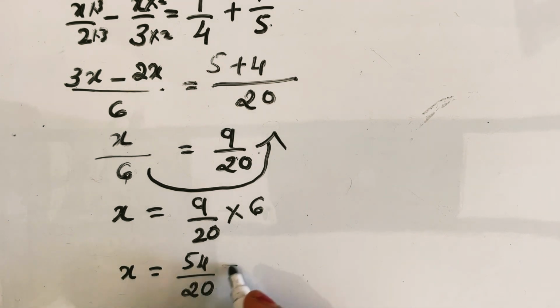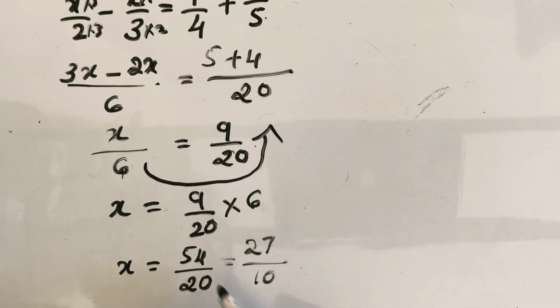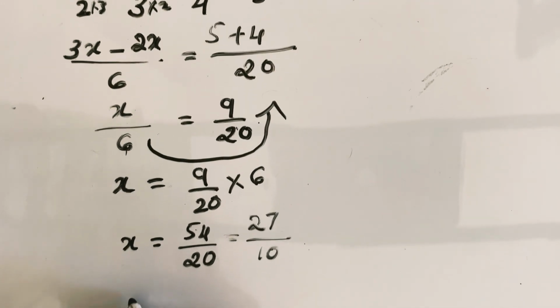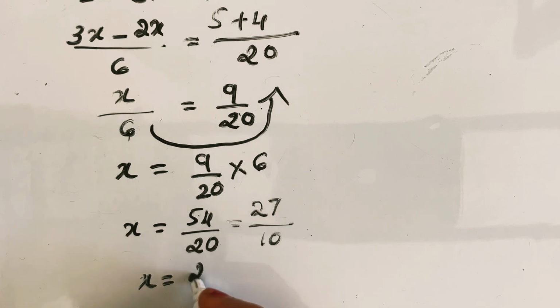Further simplifying, you can divide both numerator and denominator by 2, since both are divisible by 2. So 54 divided by 2 is 27, 20 divided by 2 is 10. So 27 over 10. So the value of x is equal to 27 over 10.